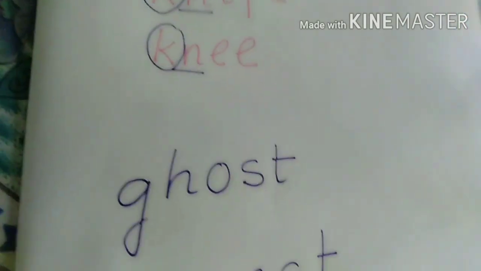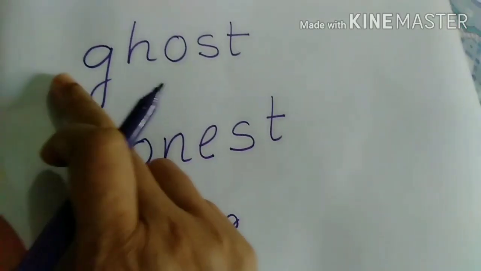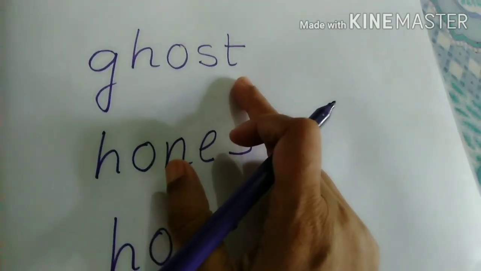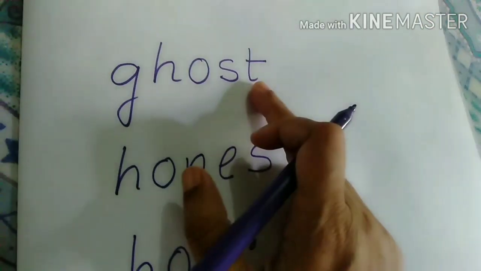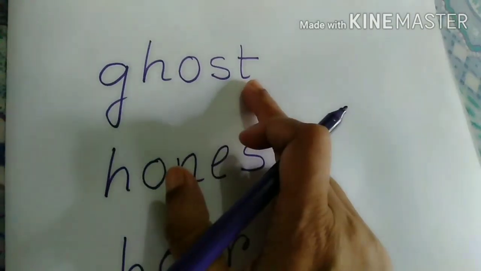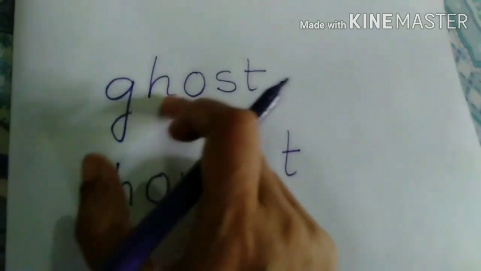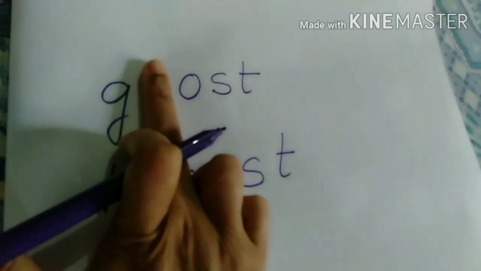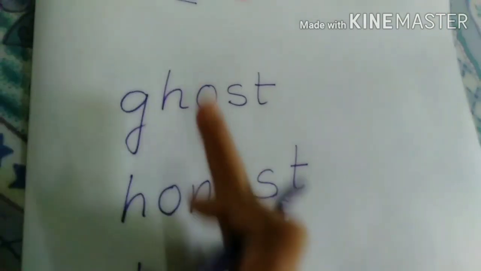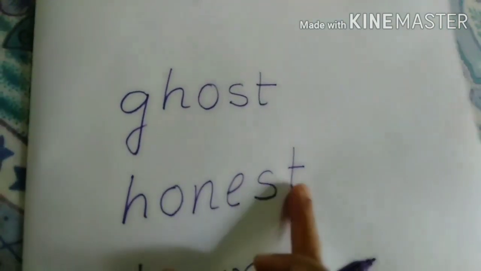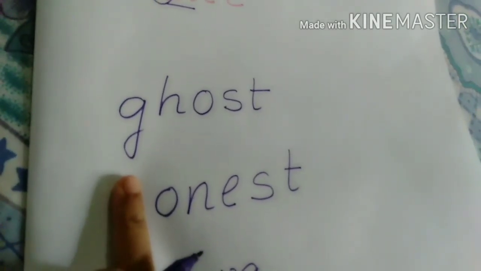Okay. Next set of words. Ghost. From the pronunciation, can you guess which one is the silent letter? Ghost. Pronounce it again and again loudly. Ghost. Here the pronunciation of H is missing. If I hide this, then also the pronunciation will be G-O-S-T, ghost. H-O-N-E-S-T, hide H and it will be honest. O-N-E-S-T, honest.